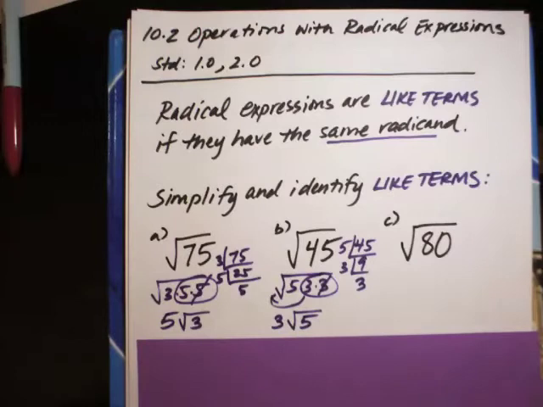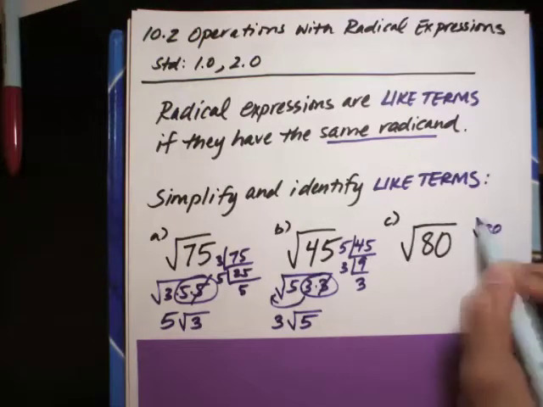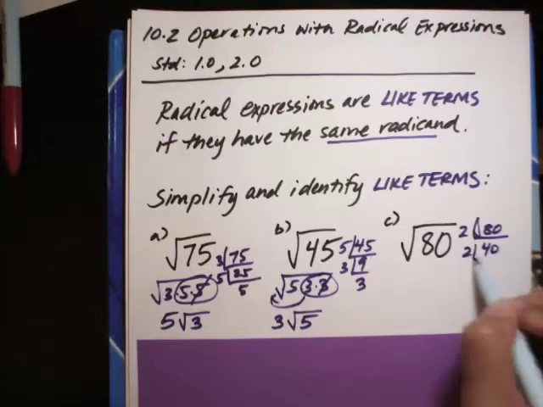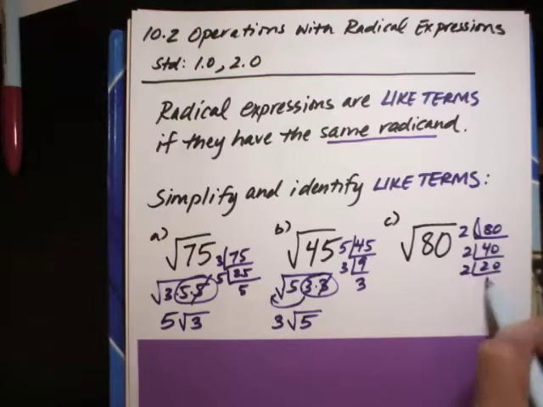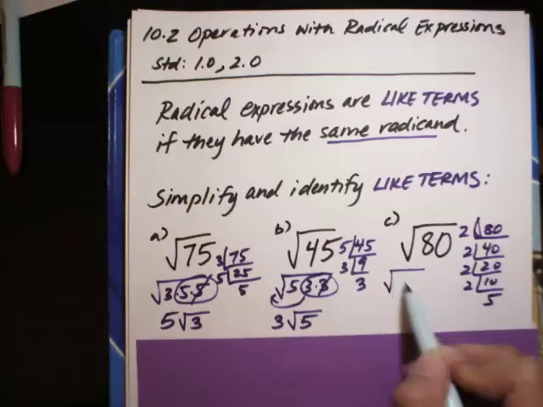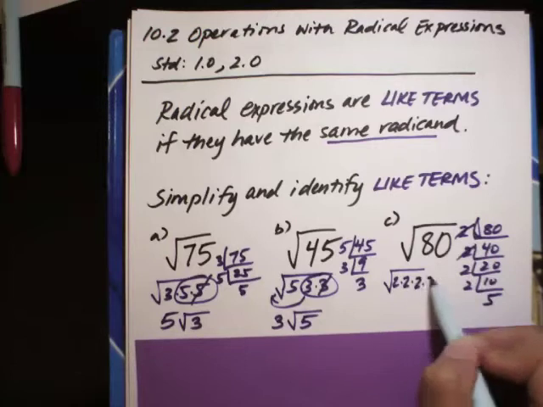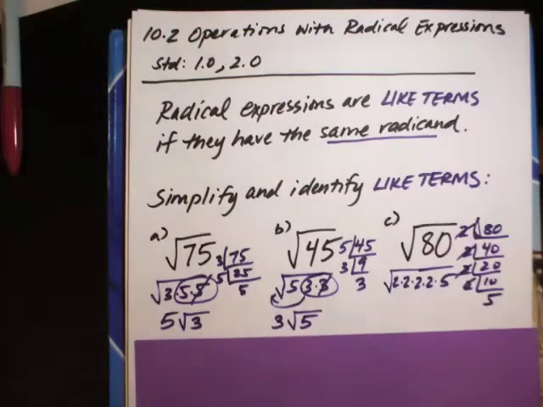One last one, we're going to simplify radical 80. Let's divide by 2 again and again and again. So it looks like the value of radical 80 is the same as radical 2 times 2, times 2 times 2, times 2 times 5.